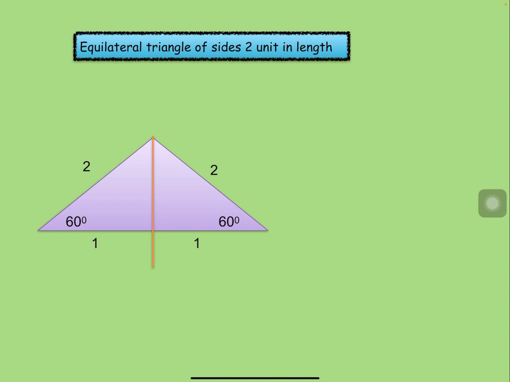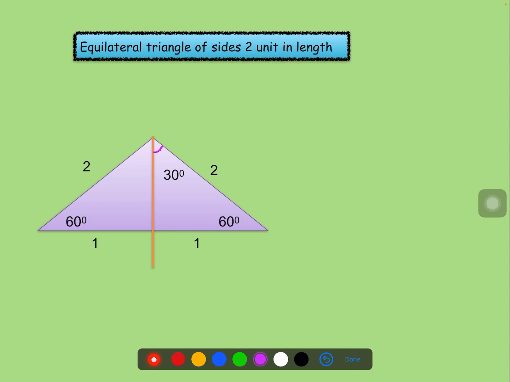Now we divide this equilateral triangle into 2 equal triangles. So therefore, we shall have 30 degrees for this angle.